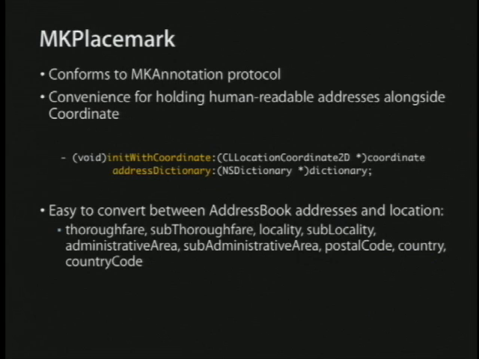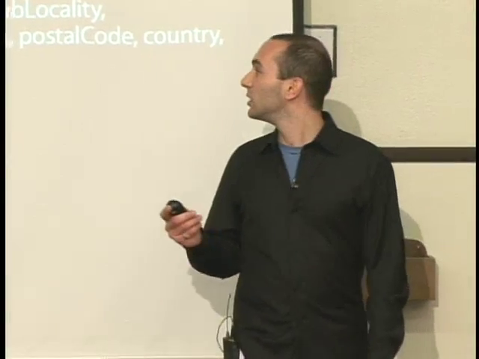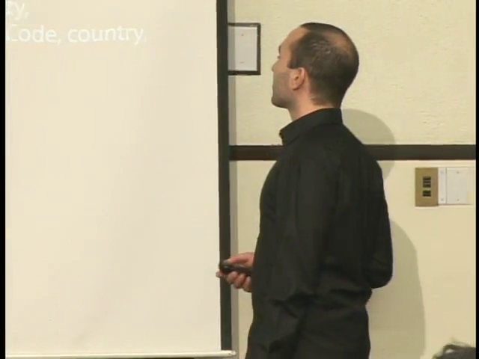But I can tell you that we're in the US and the country code is US. But anyway, if you were to translate a location object to an address dictionary, this is what it would spell out for you. So I think thoroughfare is street and locality is town or district, and anyway.